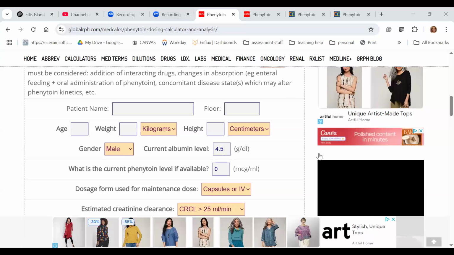I'm going to go to that link. Am I sharing the right screen now? We're going to go to that. Yes, this is the link we want.